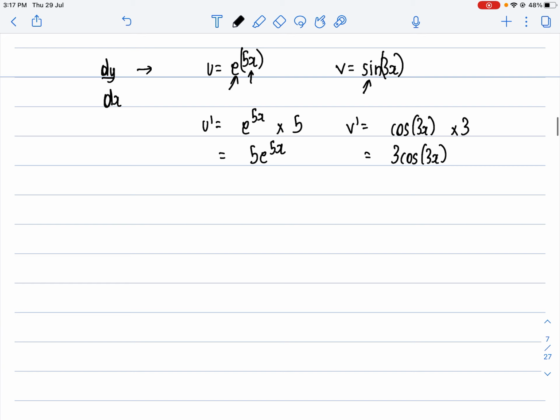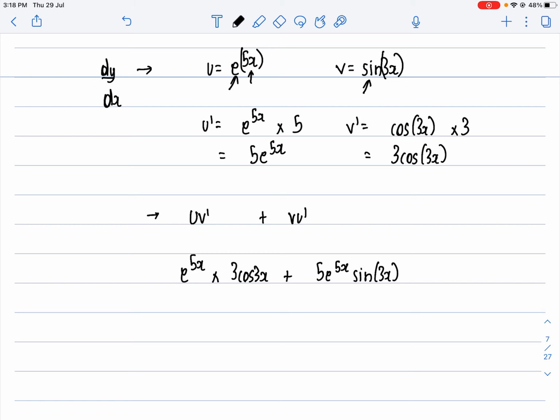Now I can use my formula, which is uv dash plus vu dash. So u into v dash is e raised to 5x, which is u, multiplied by 3 cos 3x, plus vu dash, which is 5 e raised to 5x multiplied by sine 3x.